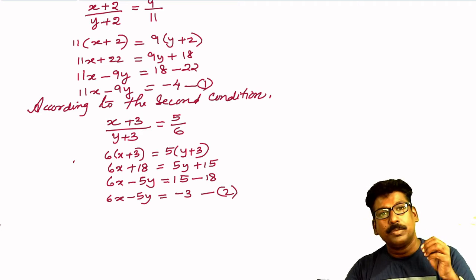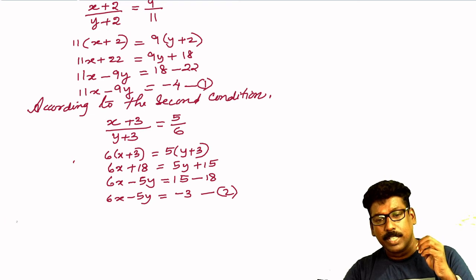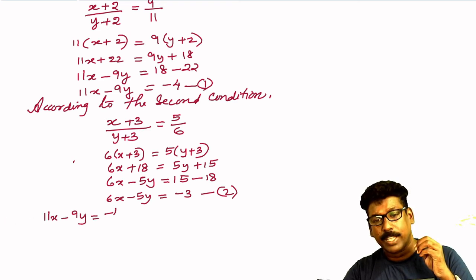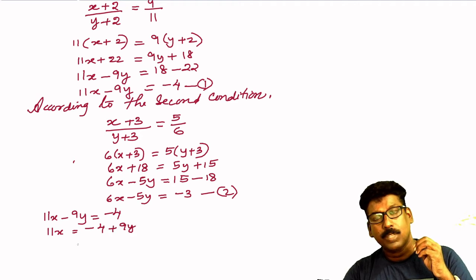Now we can do it. Let us take the first equation, that is 11x minus 9y is equal to negative 4. Here take 11x to one side, that is minus 4 plus 9y. For x you can write it as 9y minus 4 by 11.